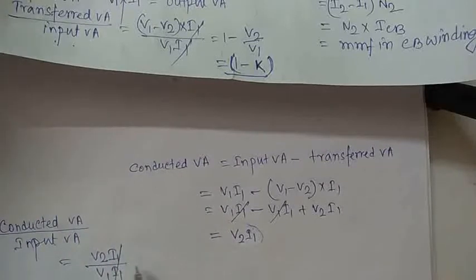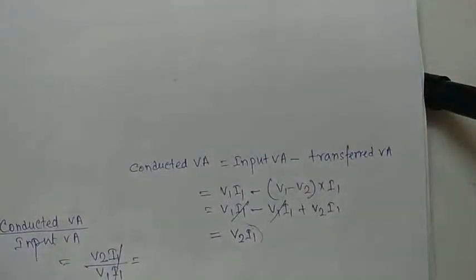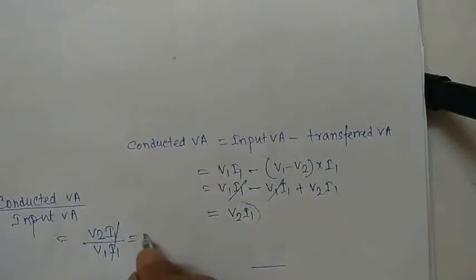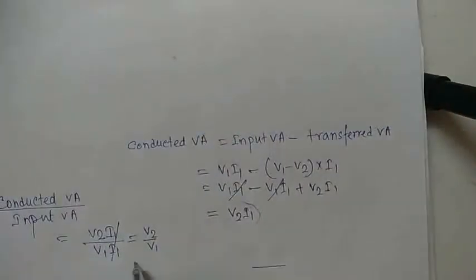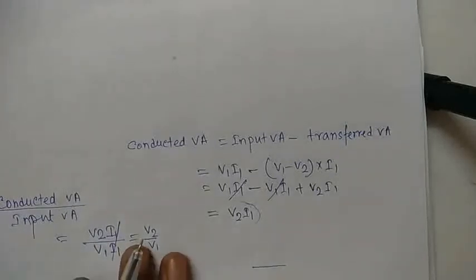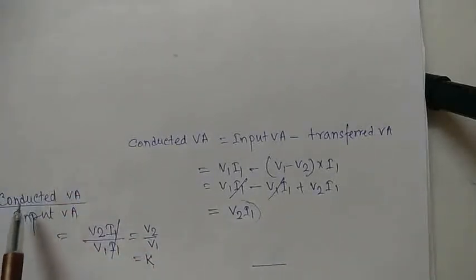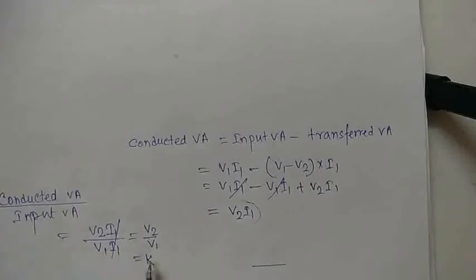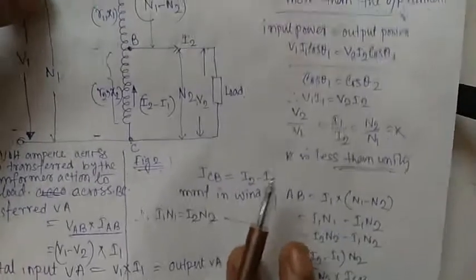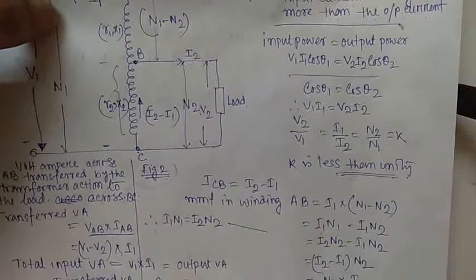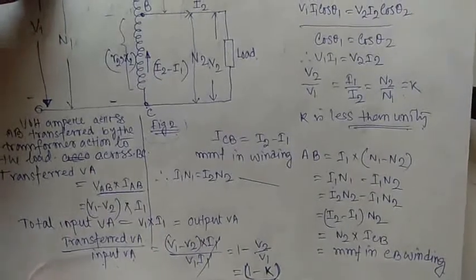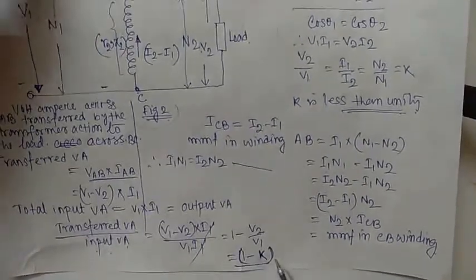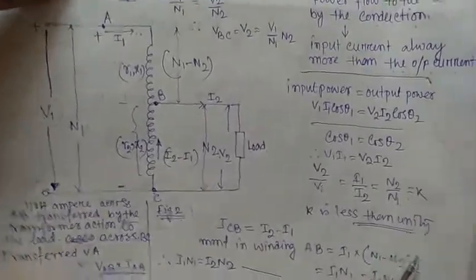So I1 cancels out, and that is equal to V2 by V1, and V2 by V1 is K. So remember this equation: conducted VA by input VA is equal to K, and transfer VA to input VA is 1 minus K. These two equations are very, very important for auto transformer.